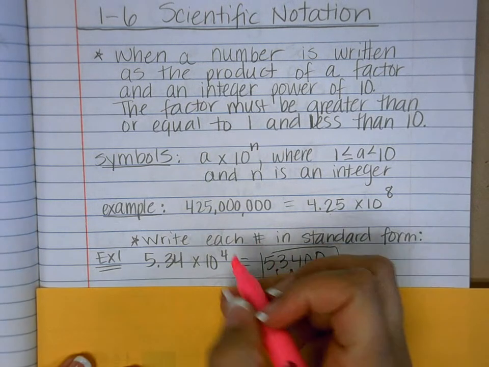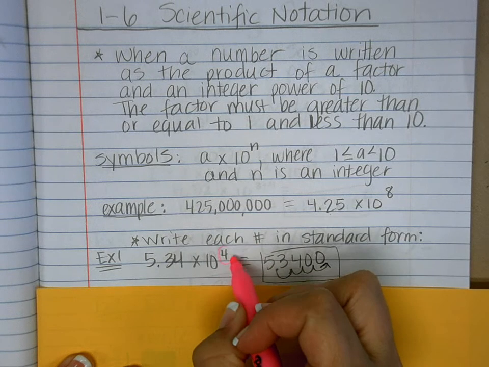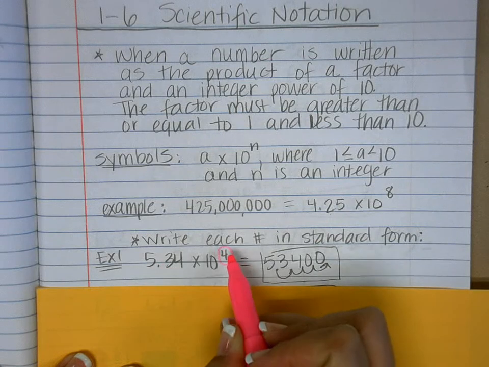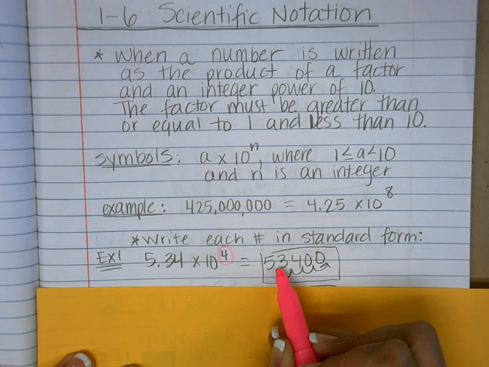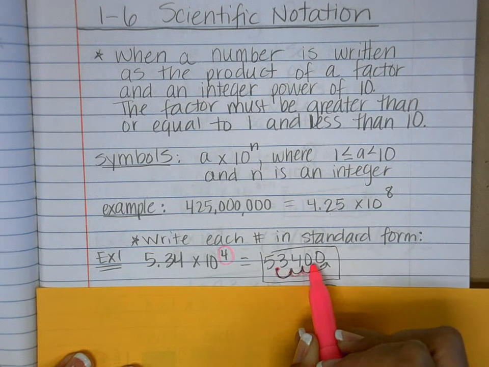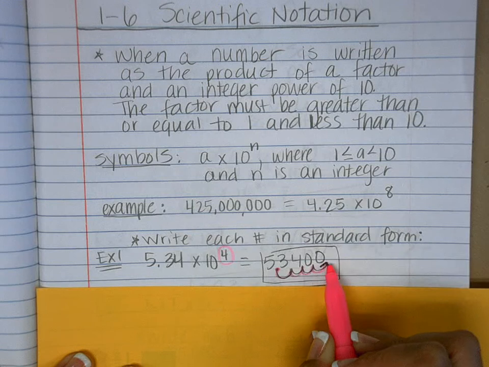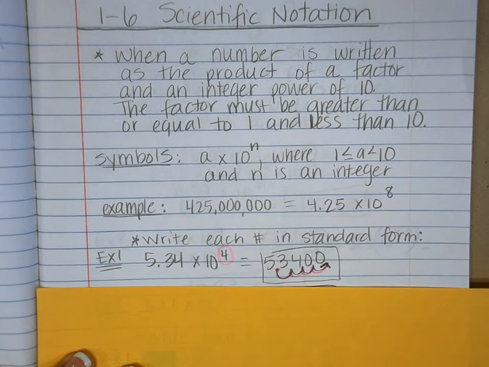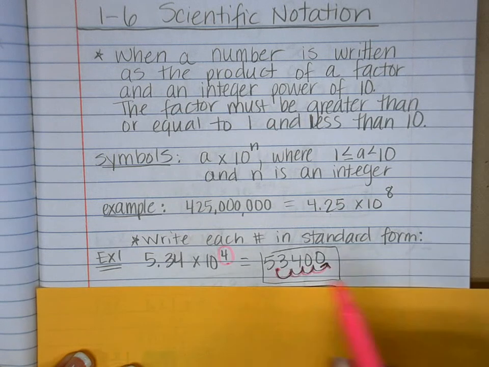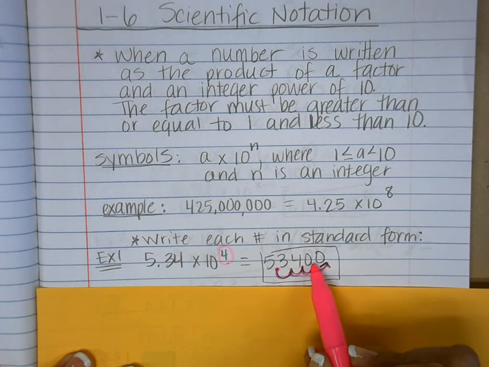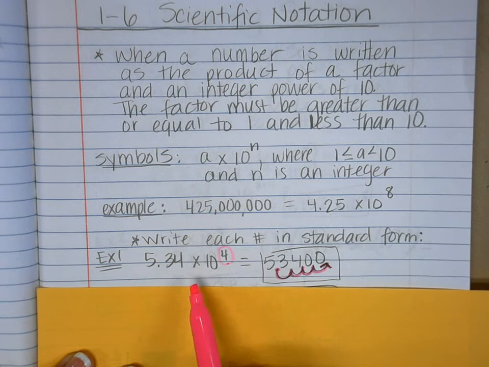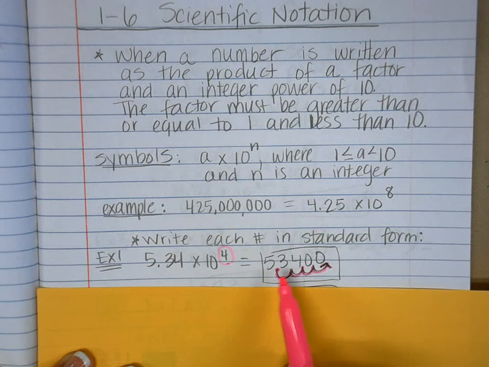But there's a 4 right here, and I go from the decimal place, if this is a positive number right here, positive 4, and I move it starting here, and I go 4 places to the right. And you don't need to write a decimal there, but that would be your new decimal. So positive 4 means I start at the decimal point and move 4 places to the right. So this 5.3 times 10 to the 4th was actually 53,400.